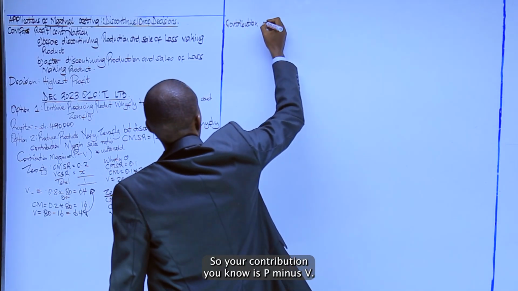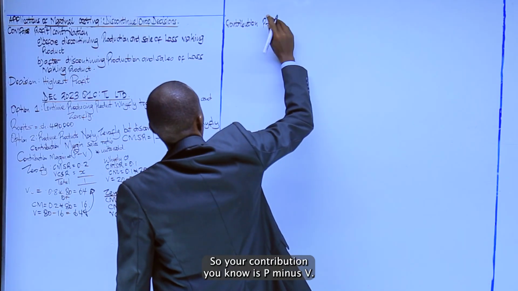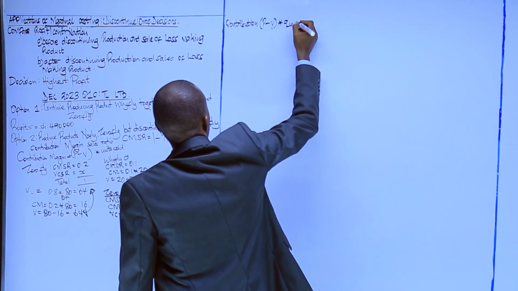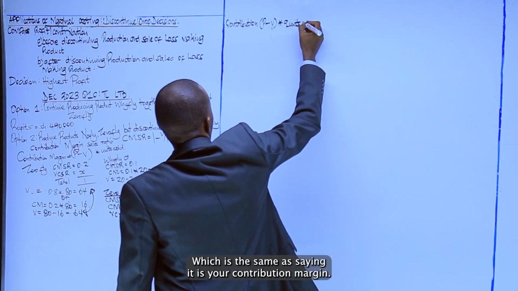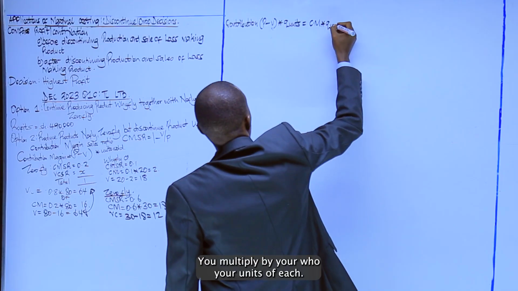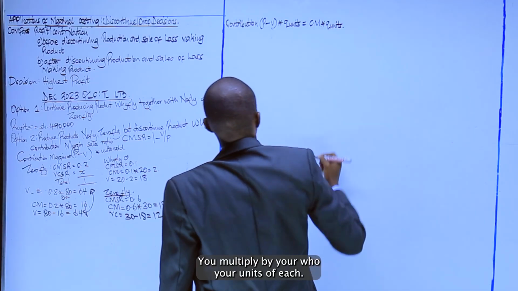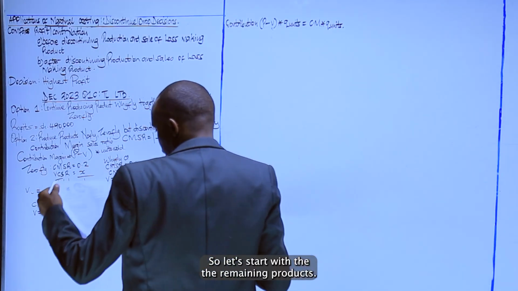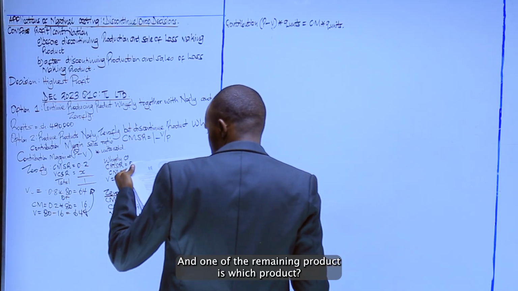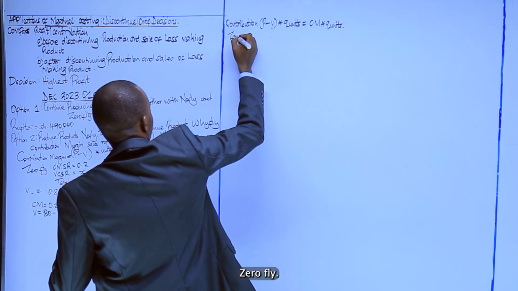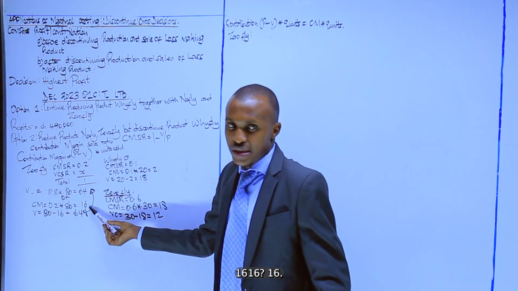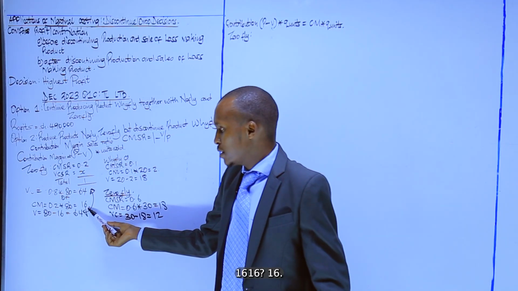So your contribution, you know, is P minus V times Q units, which is the same as your contribution margin multiplied by your units of each. So let's start with the remaining product, zero fly. Zero fly had a contribution margin of 16.